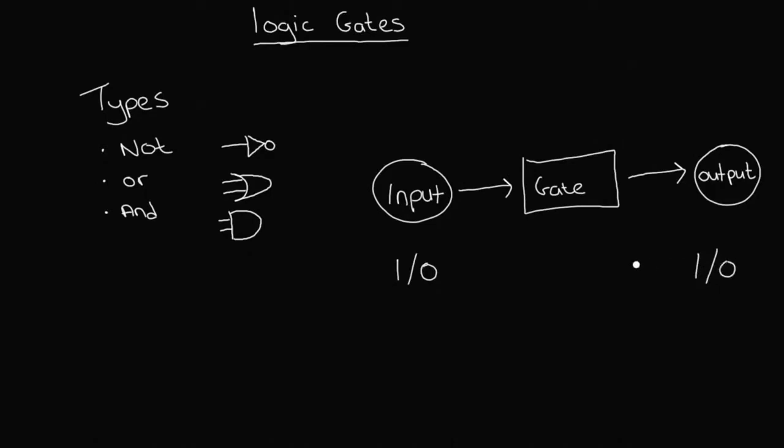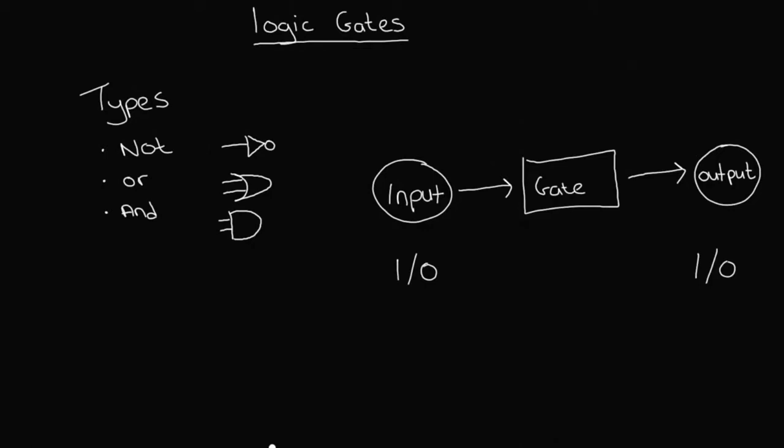Now if I give that same input using a different gate, so if I was to use an OR gate, I would get a different output even though I gave the same input. I could give the exact same input to an AND gate but get a different outcome or a different output. So another thing you might be thinking is, why do we need this?